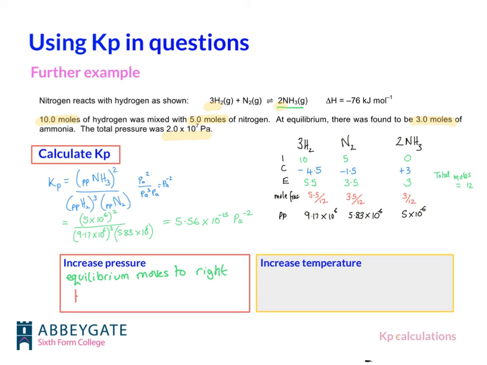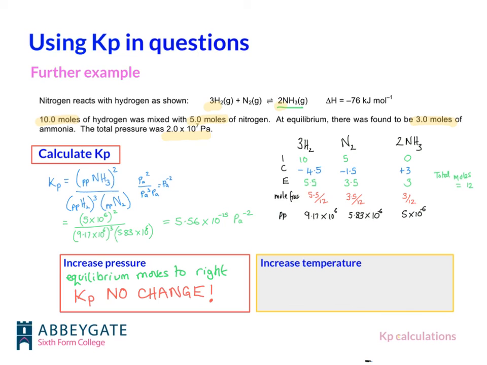Okay, but what's going to happen to Kp? Well, Kp is a constant at any given temperature, so Kp will not change because the concentrations and the partial pressures will change in such a way that they would lead to Kp staying the same as long as the temperature stays the same.